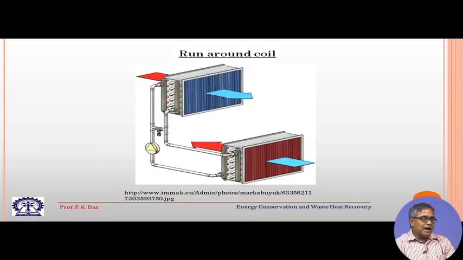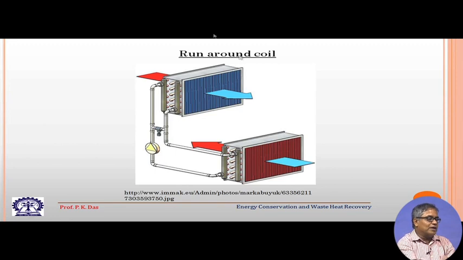Now, let us see another kind of heat exchanger, which is called a runaround coil, or sometimes a fluid coupled heat exchanger. Let us say in a plant there are two streams, one a hot stream and another a cold stream.